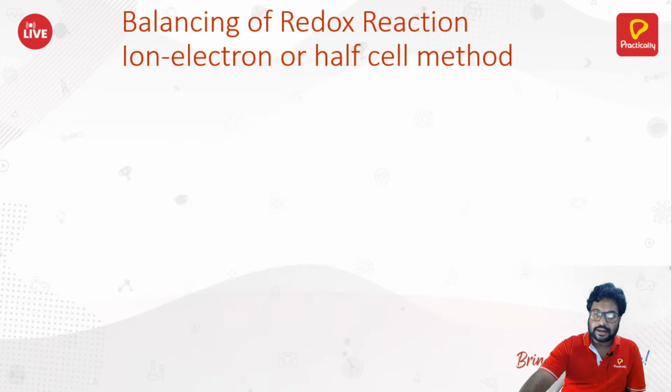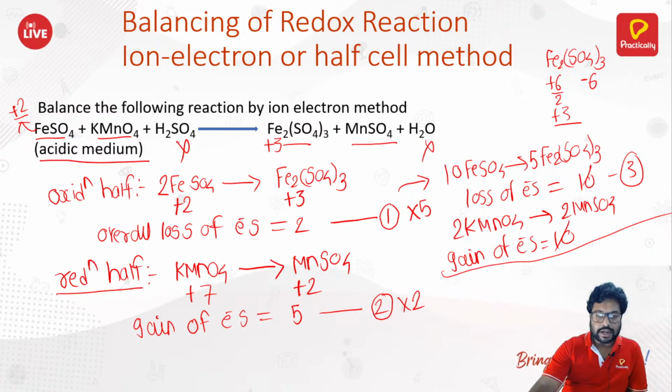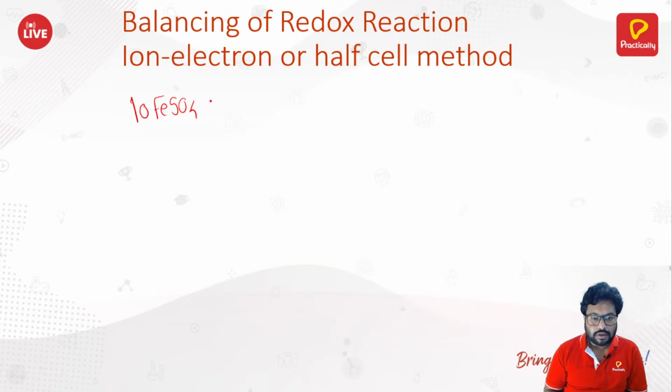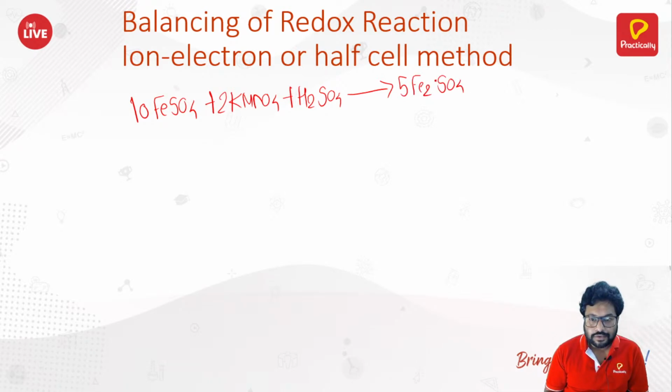Then what do we get? Let's write it here. 10 FeSO4 plus 2 KMnO4, you got H2SO4, which gives you 5 Fe2(SO4)3 plus 2 MnSO4.